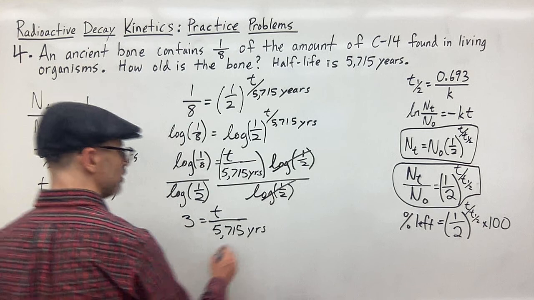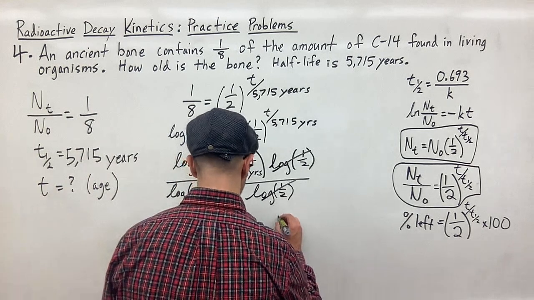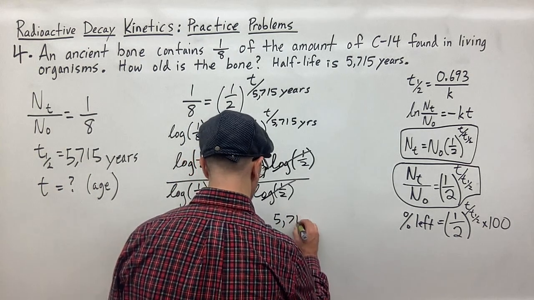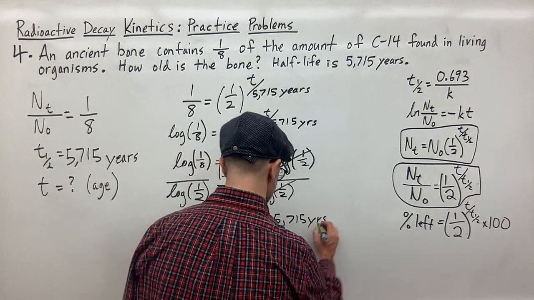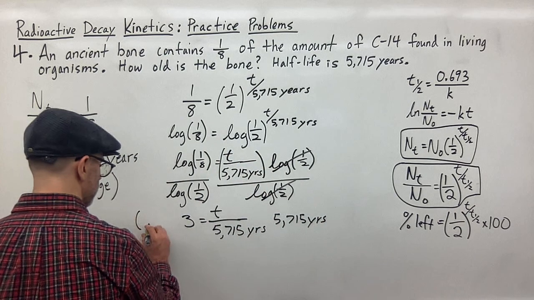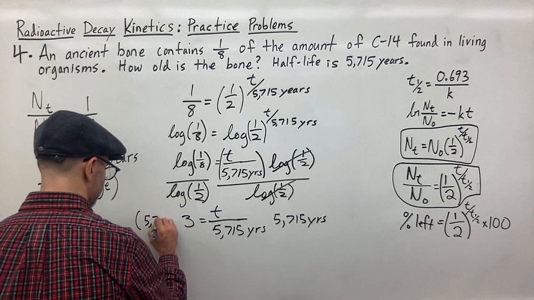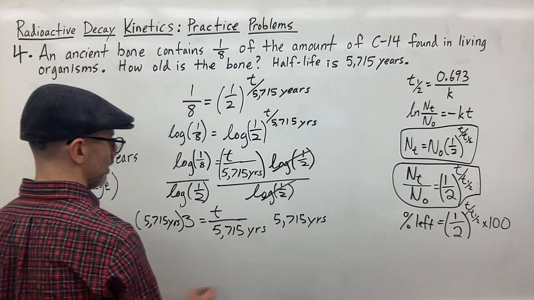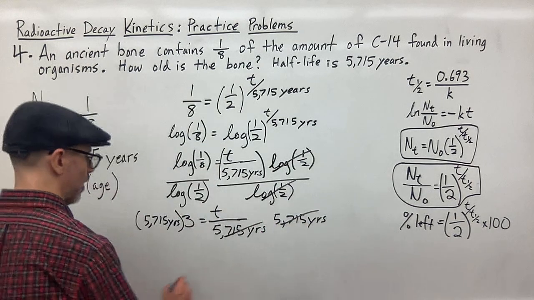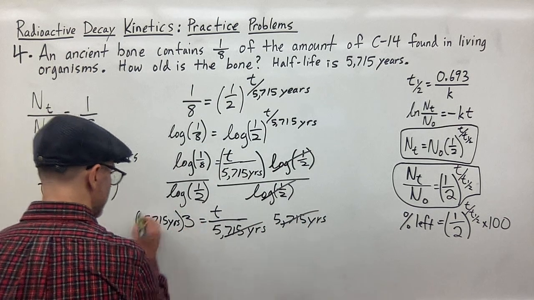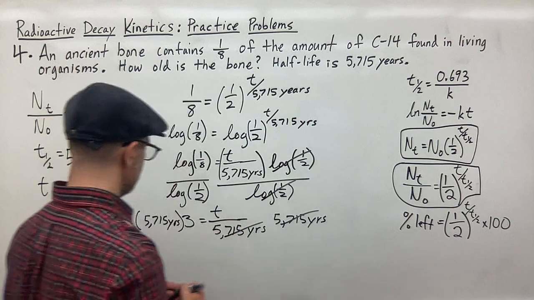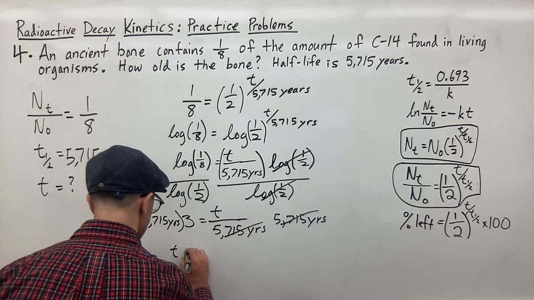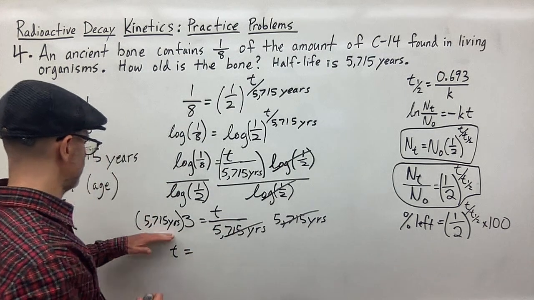So now all I do is I multiply both sides by 5,715 years. So this cancels out. Now I have this 3 times t. So t is finally equal to 3 times this.